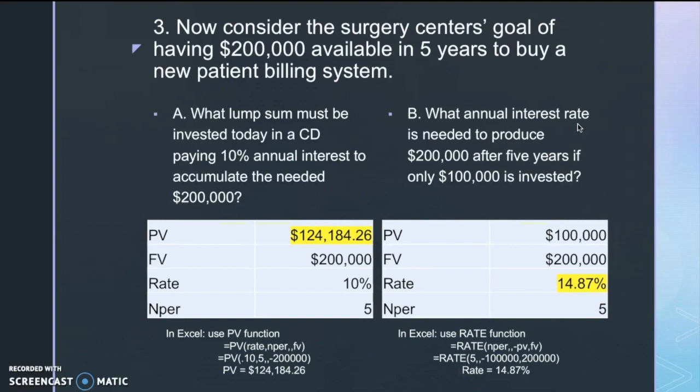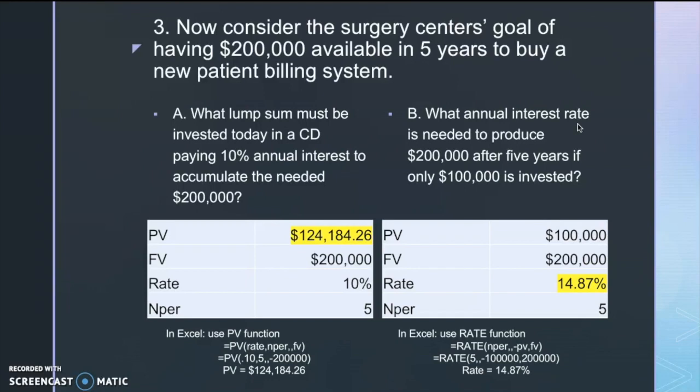Question 3. Now consider the surgery center's goal of having $200,000 available in 5 years to buy a new patient billing system. Part A asks us what lump sum must be invested today in a CD paying 10% annual interest to accumulate the needed $200,000.